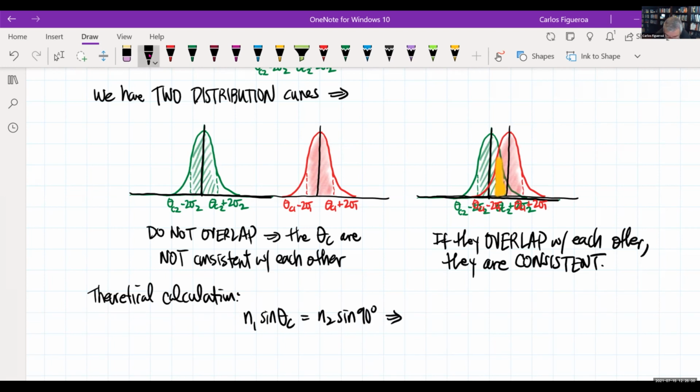So the question is, does this value fall within the confidence intervals? That's ultimately what we're trying to figure out here.